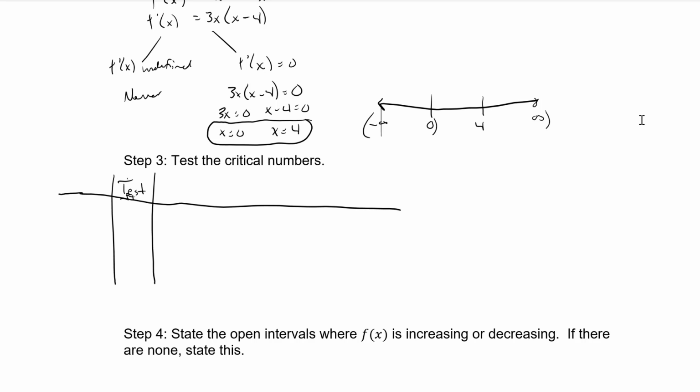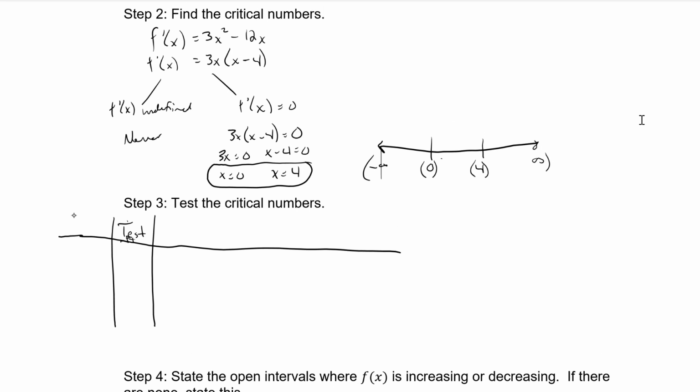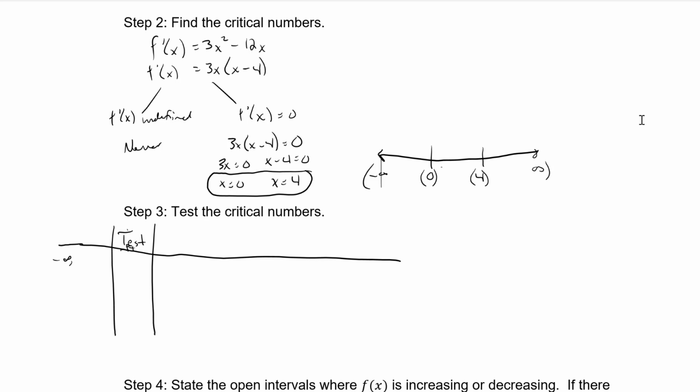So I'm now going to have intervals going from negative infinity to 0, 0 to 4, and 4 to infinity, based on our critical points.